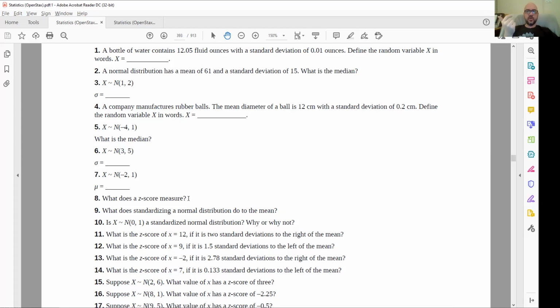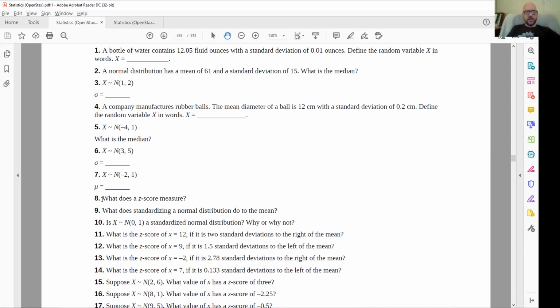So it allows you to measure things that are unlike by measuring them both versus their own distributions. For instance, the one I did in the notes was a blue whale and a human. We had a blue whale that weighed a certain amount and a human that weighed a certain amount, and who was more unusual. That's what z-scores are for.